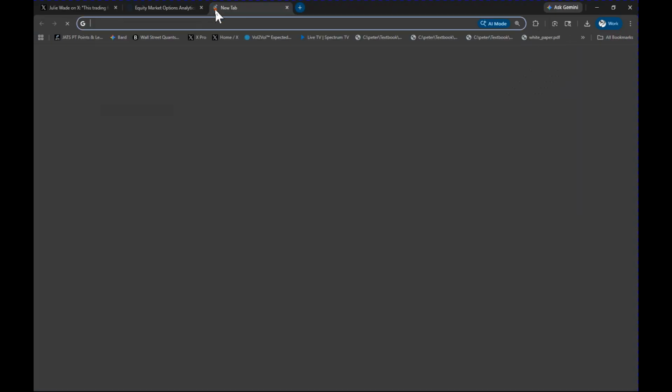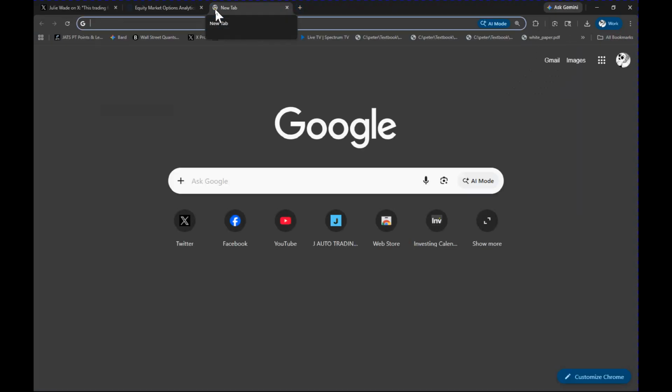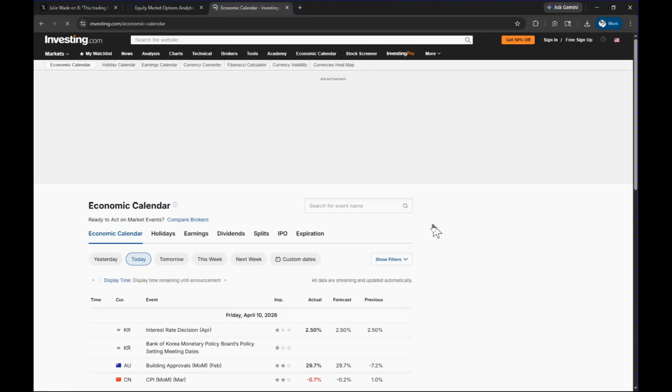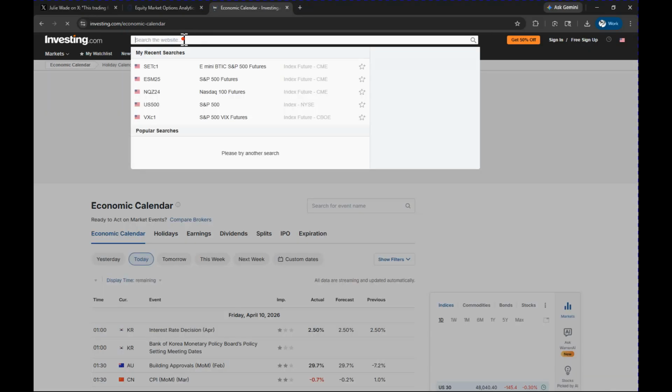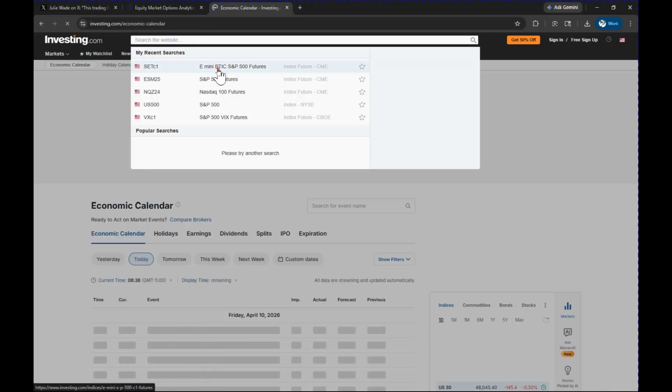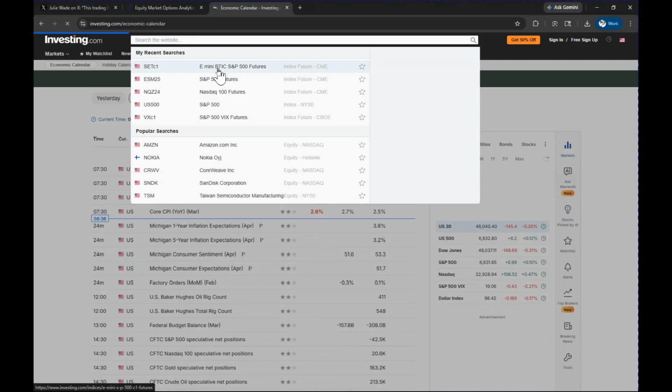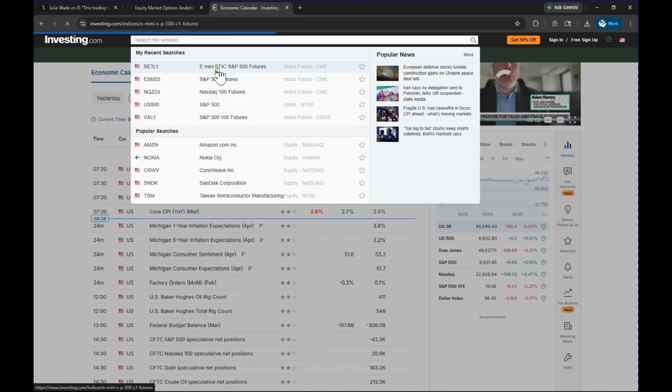And there is a trick I like to use on the investing calendar. If you use the economic calendar at investing.com, you can do a search for this E-mini BTIC basis trade index close for the S&P 500 futures.